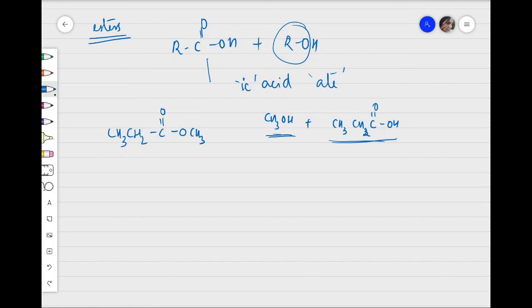So what would be the IUPAC name of the corresponding ester? In this case, we say it is methyl propanoate. This is the name. That's how it would go.